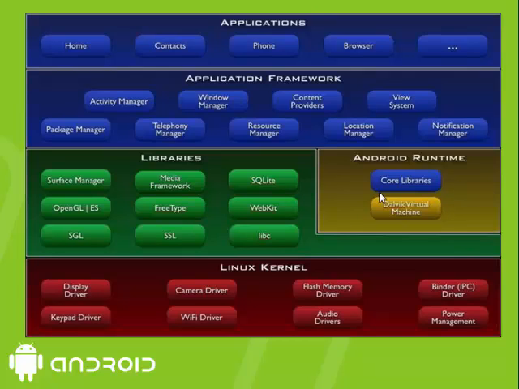Now let us move on to the top layer of the Android architecture. Applications are the top layer in the Android architecture. Several standard applications comes predefined or pre-installed with every device.